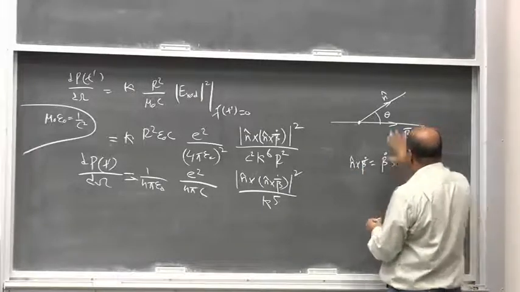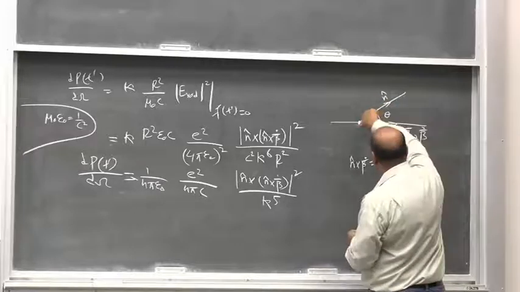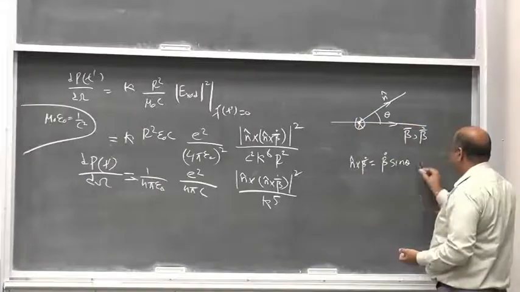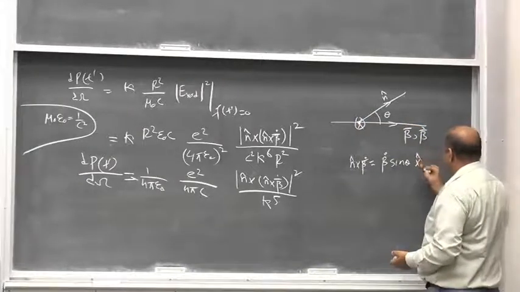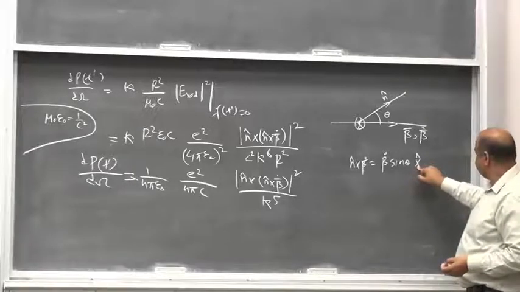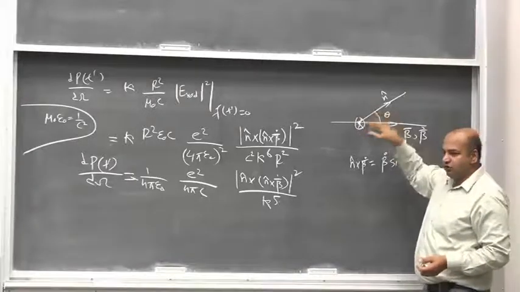So this is n cross beta dot, into the board. Let me call it some vector x. This is not necessarily the x-axis. This is just some unit vector into the board.